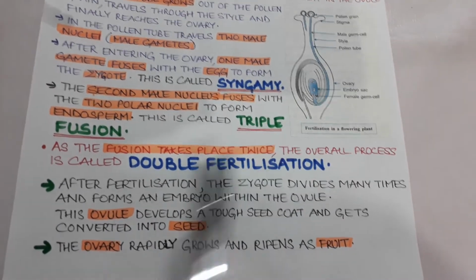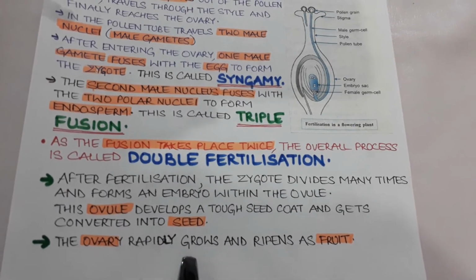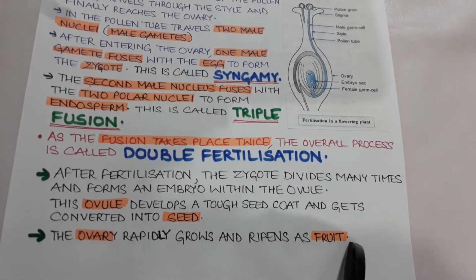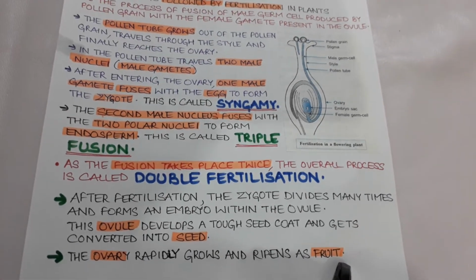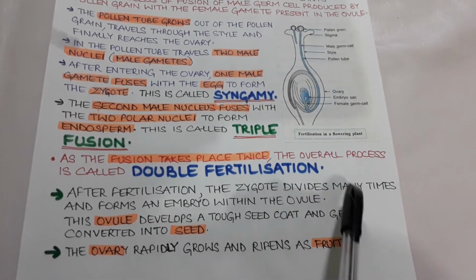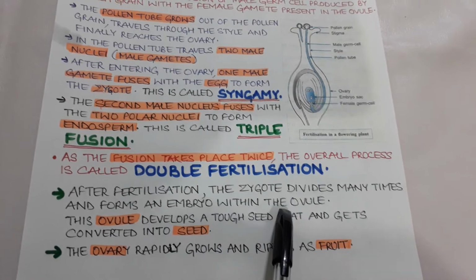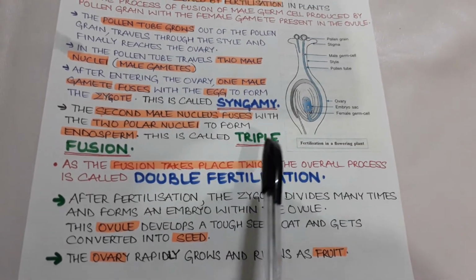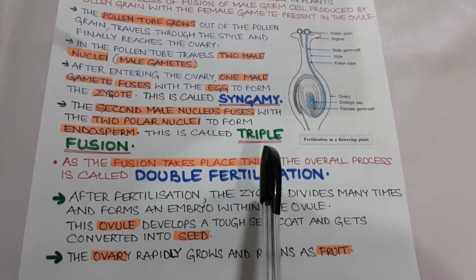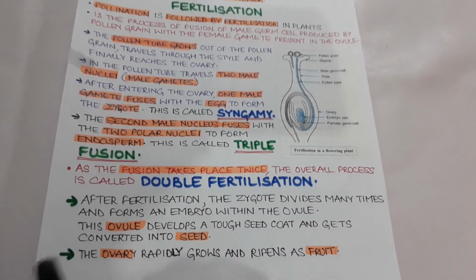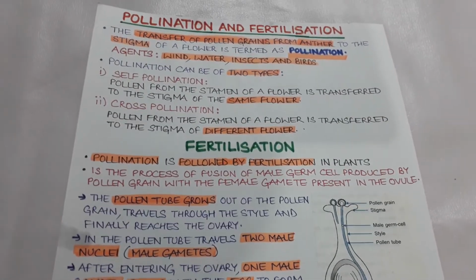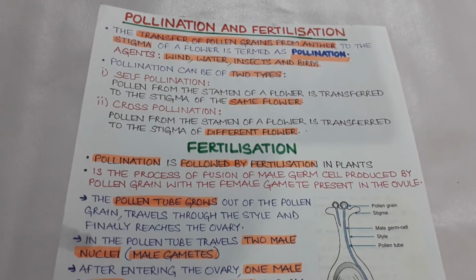And the ovary rapidly grows, ripens and is converted into fruit. And all the other floral parts like sepals, petals and the stamen slowly shed away. So this is the process of pollination and fertilization in flowering plants.